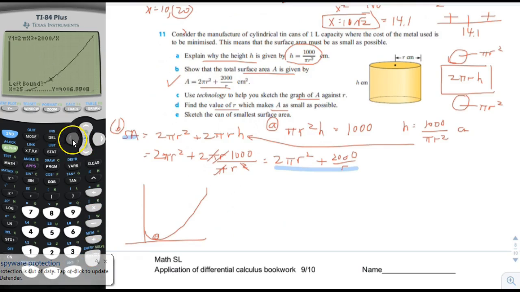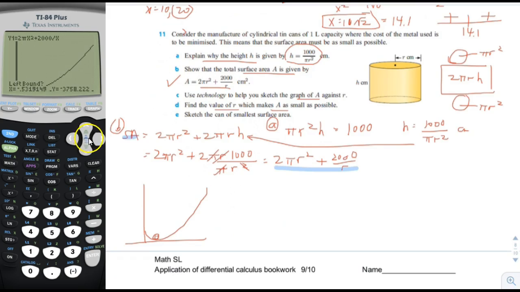And then we're going to figure out what is the value of this one here. Okay, so that's the left bound, and then we go to the right bound. And enter.